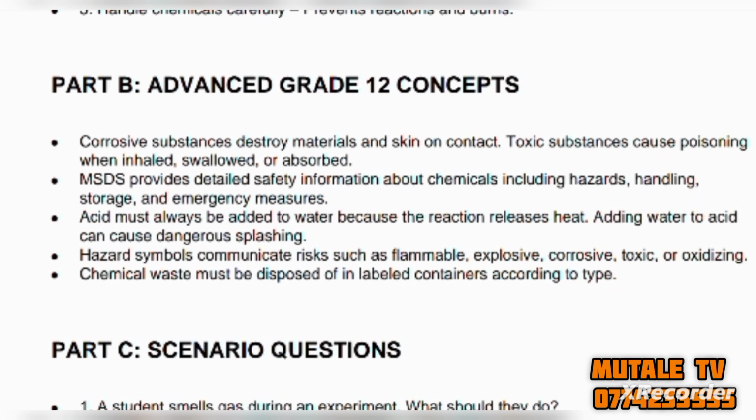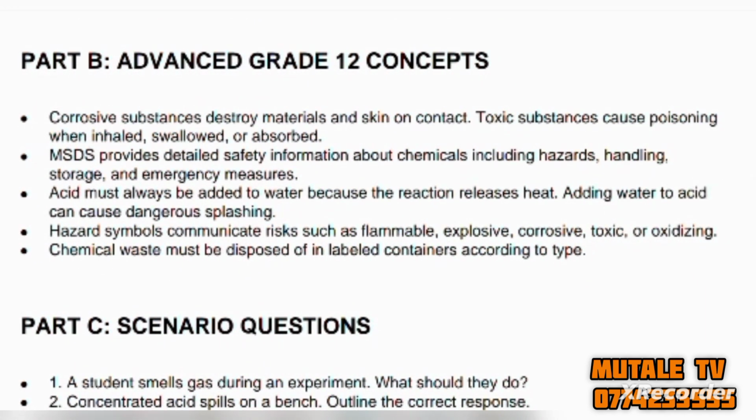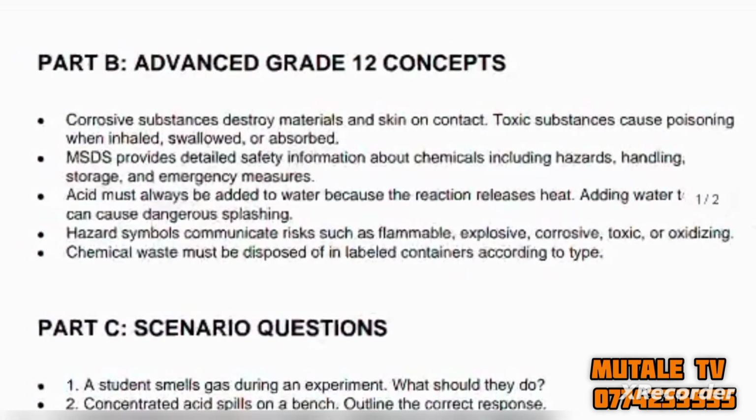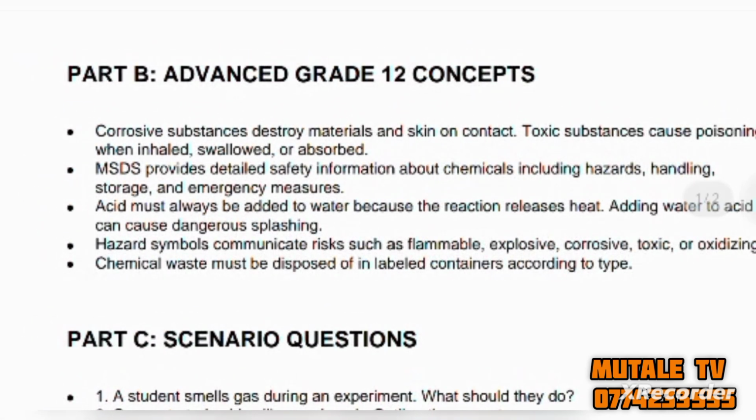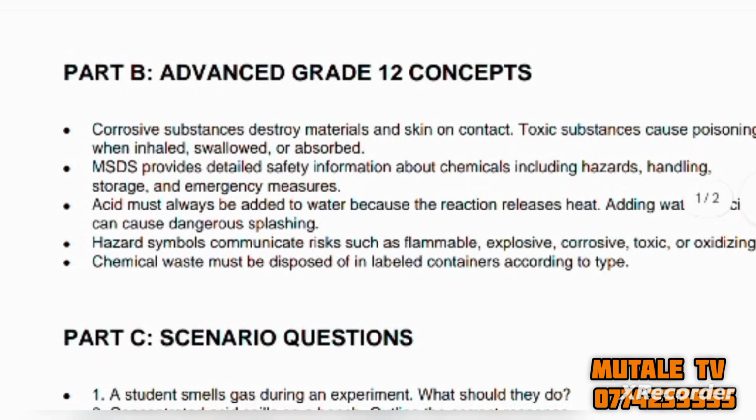From what we have read, corrosive substances destroy materials and skin on contact, such as acids, whereas toxic substances cause poisoning when inhaled, swallowed, or absorbed, such as inhaling bromine gas.